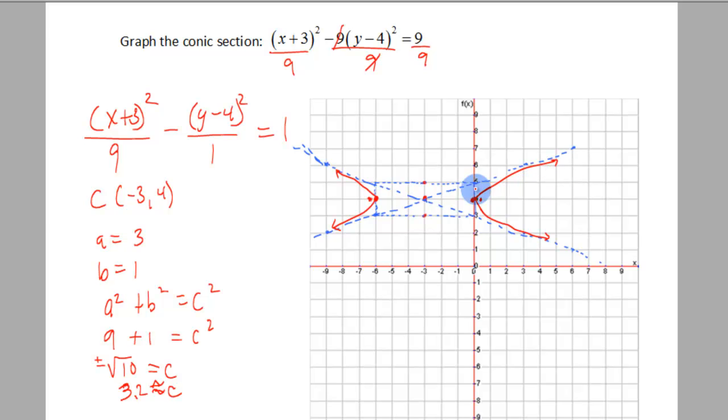Now, what are some of the equations? Okay, the asymptote. First of all, you want to know that the slope of the asymptote is the rise over the run, right? So look at 1, 3, 1/3. So basically, we have y equals 1/3. And now we want to have a shift of our center from 0, 0. It would just be 1/3 x if we were here. But it was to the left 3 and then up 4, right?